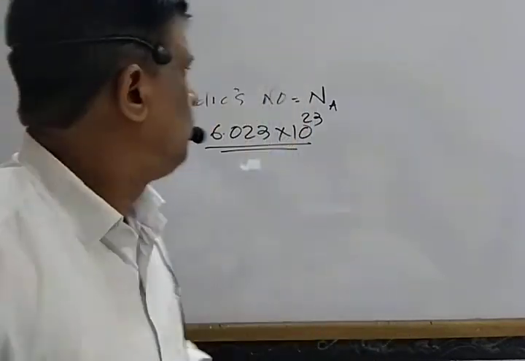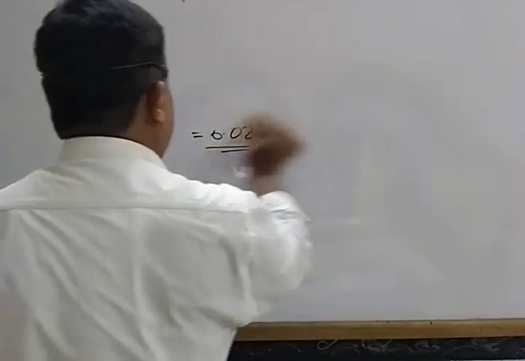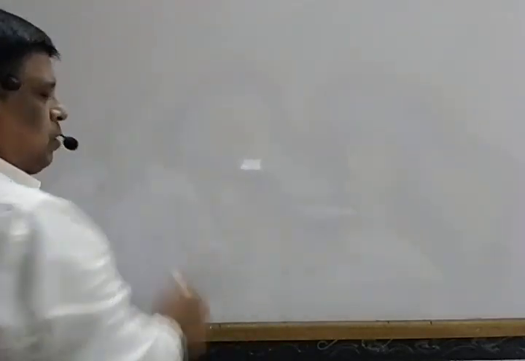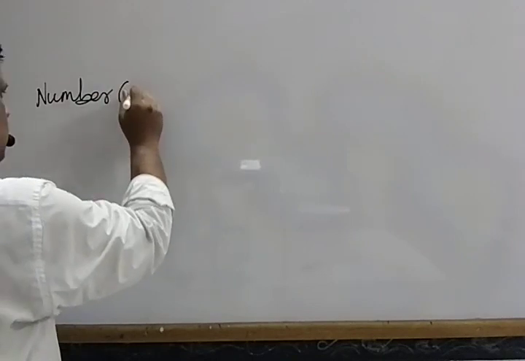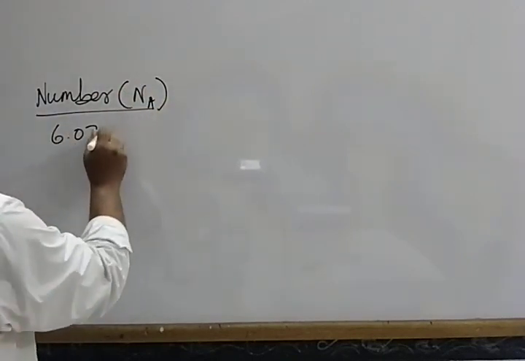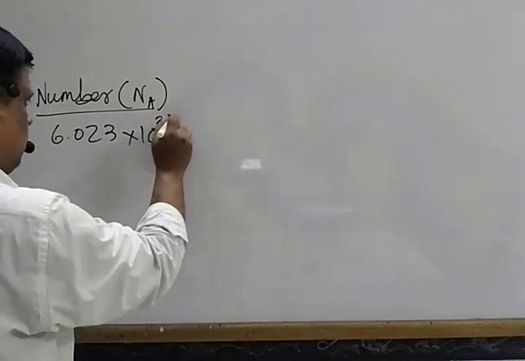Mark that. Let us discuss one by one. That means, if we discuss the number, this is equal to Avogadro number, equivalent to 6.023 into 10 to the power 23.